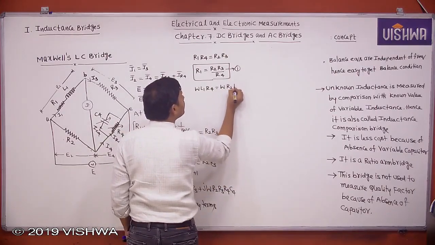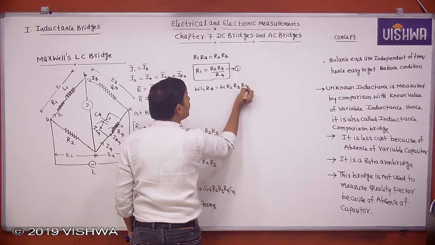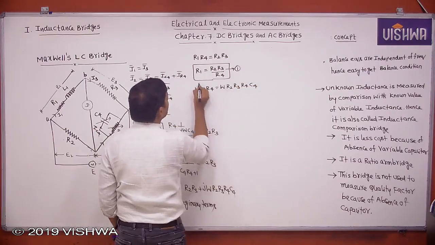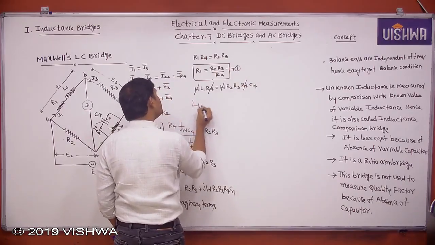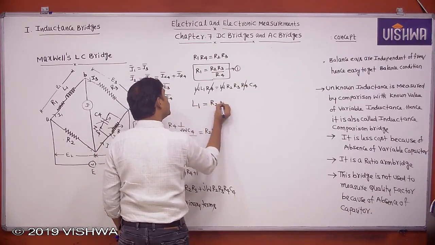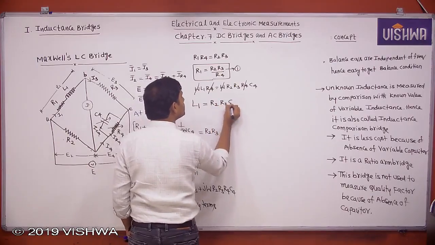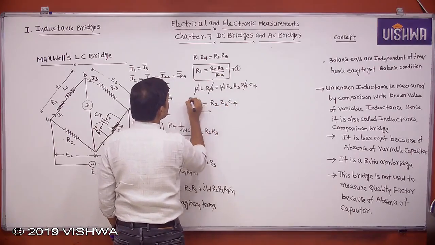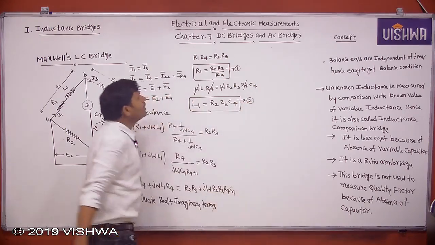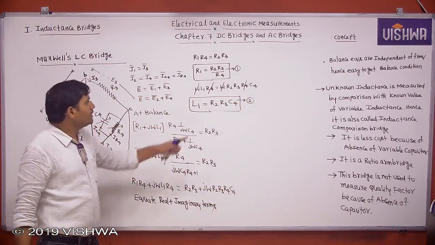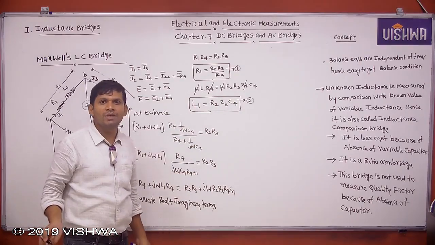Then omega cancel, R4 cancel. Then what is L1 equal to? R2 R3 C4. This is equation 2.